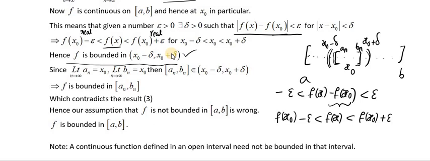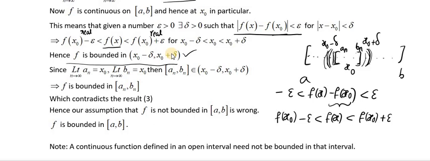That's why f is bounded in open interval means f is bounded in closed interval, because the points of an and bn are the points of open interval x naught minus delta comma x naught plus delta. In simple, f is bounded in this open interval.